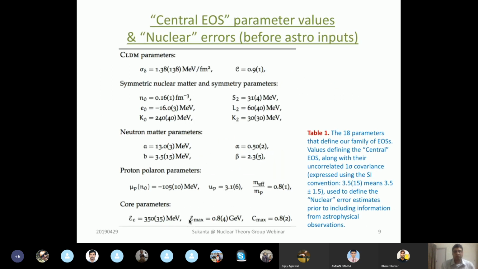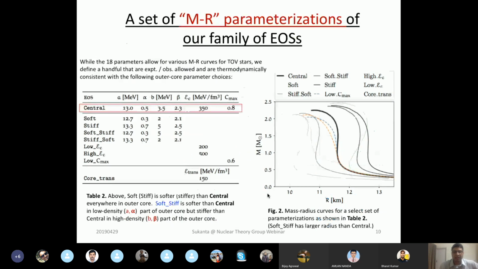So to recap, once again, these are our central equation of state parameters, and we vary about these parameters to obtain different equations of state. So diagrammatically, these are the different TOV stars you will obtain. For example, if you use values for those 18 parameters that correspond to what I have been terming the central equation of state, that gives you this kind of family of TOV stars.